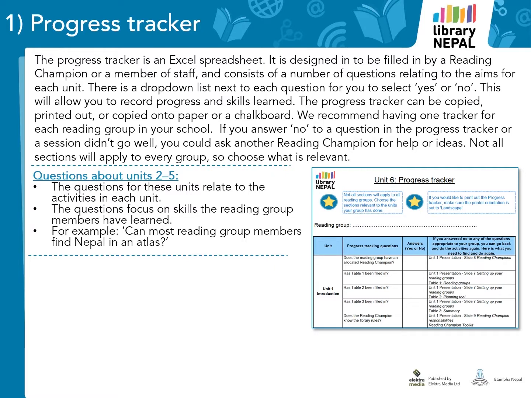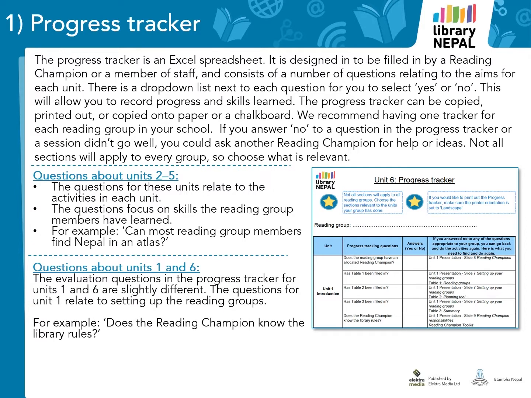An example of the type of questions for these units is: can most reading group members find Nepal in an atlas? The questions about Units 1 and 6 are slightly different as they are evaluative. The questions for Unit 1 relate to setting up the reading groups.